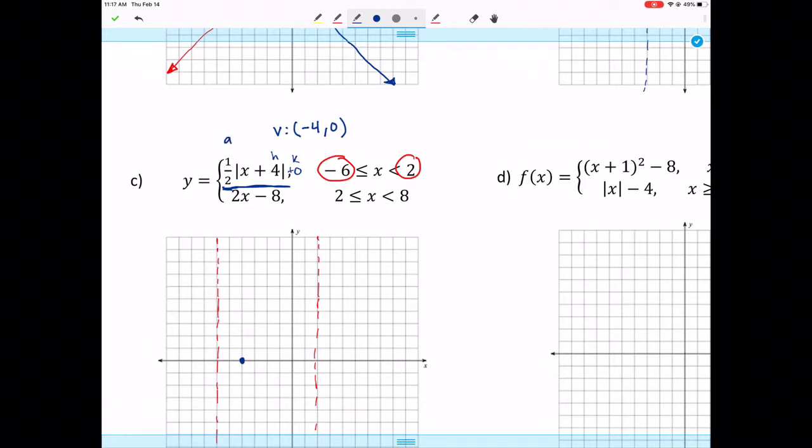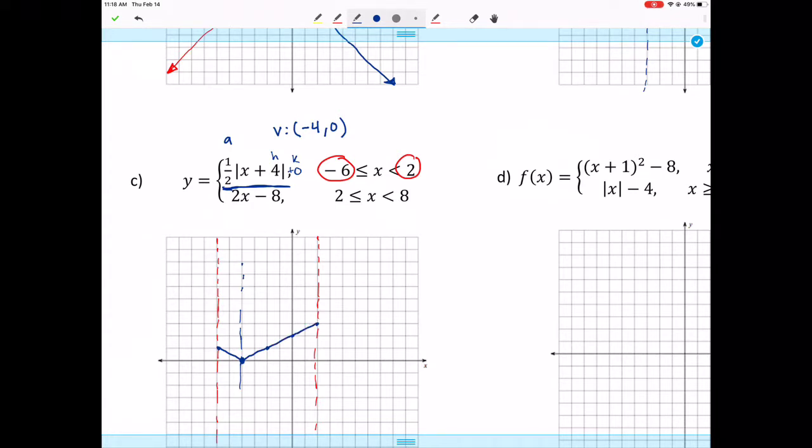And then this is our a value, which is 1/2. Like I said, that will be your slope because we're doing an absolute value function. So we'd go up 1 over 2, up 1 over 2, up 1 over 2. And then you'll reflect over this axis of symmetry. So it'd be something like this. Okay? And we look at the endpoints.